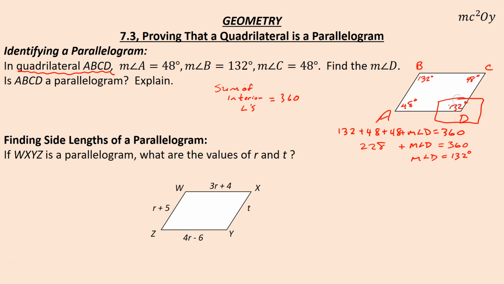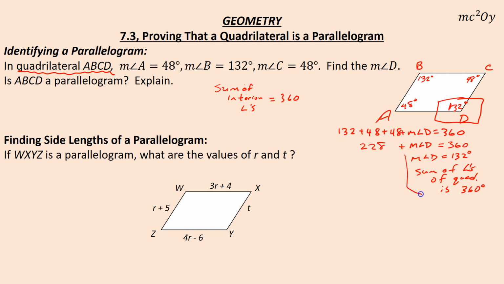Now, some of you may have got 132, but I just said opposite sides of a parallelogram are congruent, or opposite angles are congruent. Well, that's true. However, we don't know that it's a parallelogram. So the reason it's 132 degrees is the sum of the angles of a quadrilateral is 360 degrees.